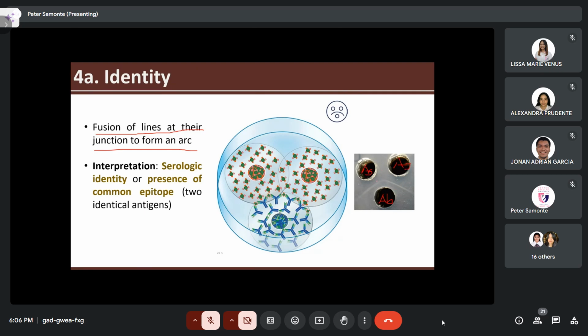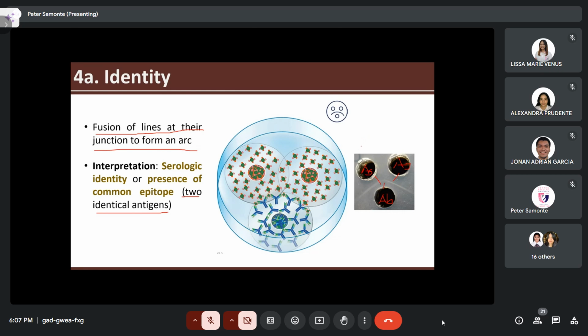What happens here, class, is that your antigens would move toward the antibody, and similarly, your antibodies would move towards the antigen, forming an arc. Now, in this interpretation, there is serologic identity or presence of a common epitope, meaning they have two identical antigens.